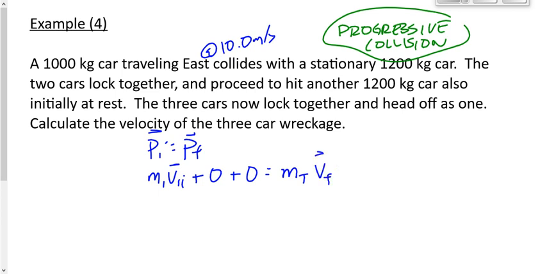So basically what you're saying is the momentum of car 1 gets transferred to all three of them. Mass 1 is 1,000 kilograms times V1I of 10 equals the total mass, 3,400 kilograms, times VF. You solve for VF there, and it works out to be 2.94 meters per second.